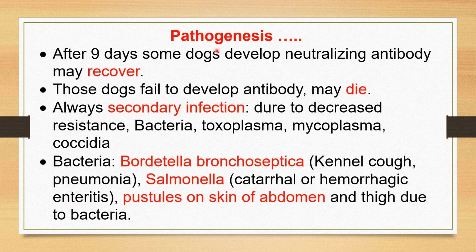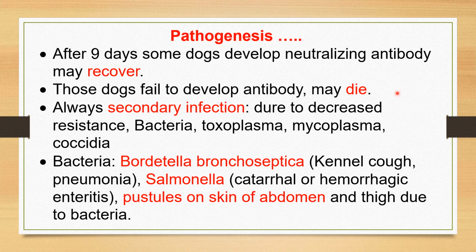Continuation of pathogenesis. About after a week or 9 days, some dogs develop a neutralizing antibody, and that is important for a dog. Those dogs will survive, and those dogs that fail to develop the antibody may die.